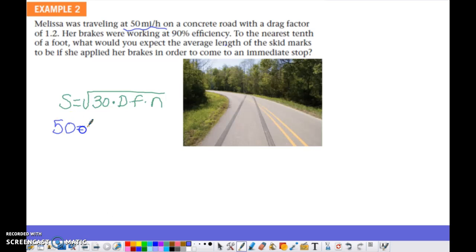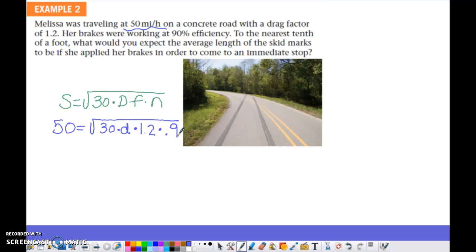So 50 equals the square root of 30 times D, use lowercase here, times F, which is my drag factor, which looks like 1.2 here. They're always going to give you that. Times my brake efficiency, which is 90%, so I'd put it as a decimal, 0.9 or 0.90.